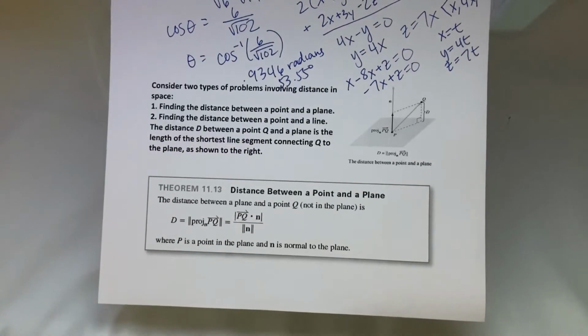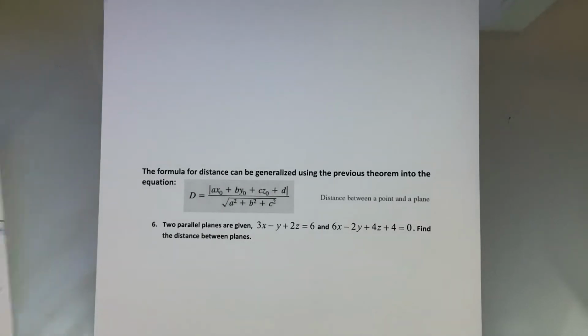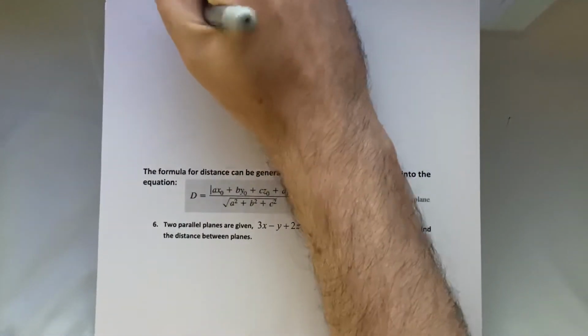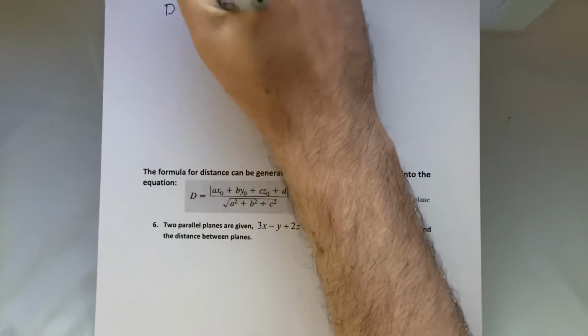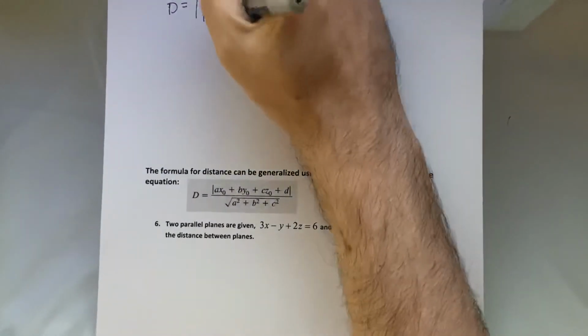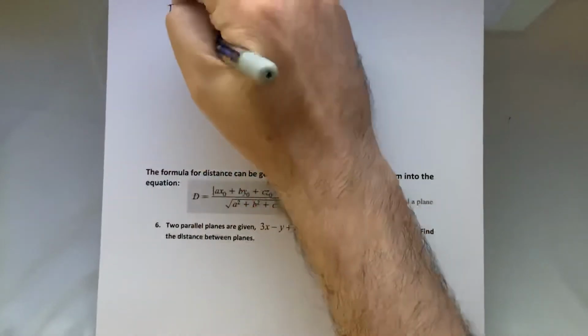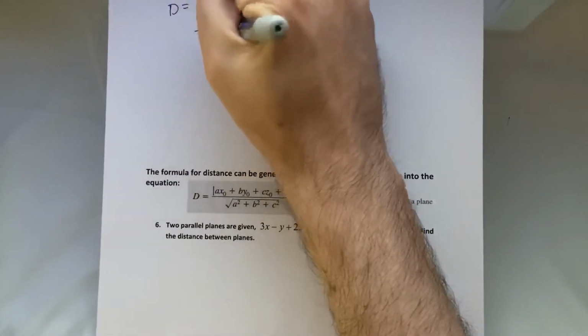So let's do one problem with that first. Let's rewrite. We know the distance is equal to the dot product divided by the length of the norm.